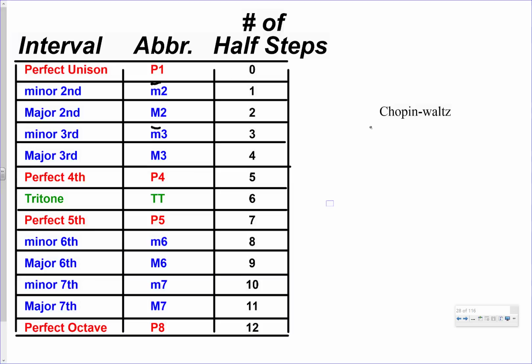I should also tell you that anything that is computer generated, like worksheets or an exam, will probably not have the line over the M because it's very clear to tell in a typed out format the difference between a lowercase m and an uppercase M, but you are to include the line above a lowercase m as you handwrite these abbreviated minor intervals.